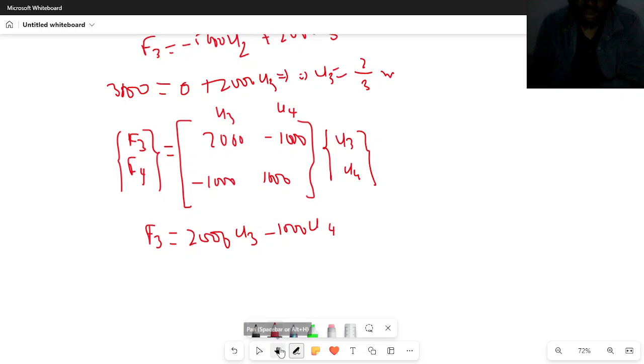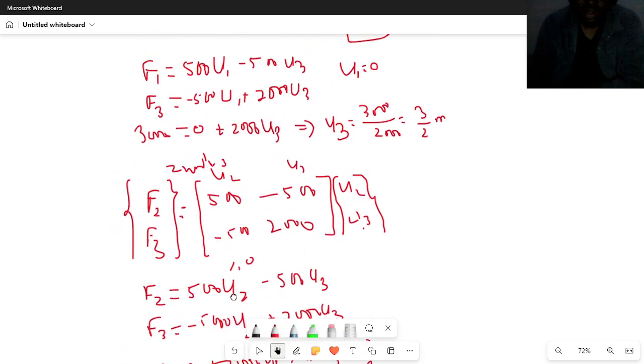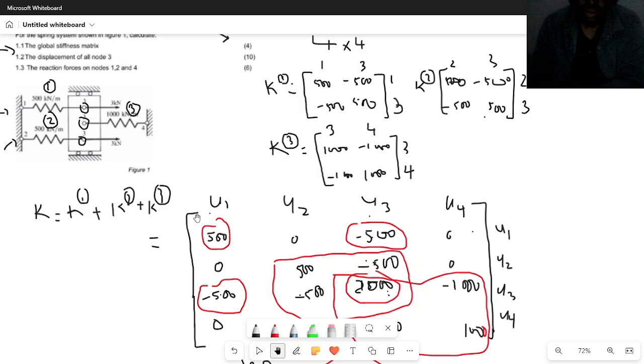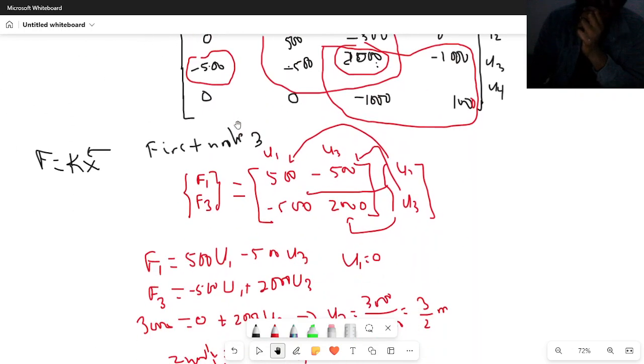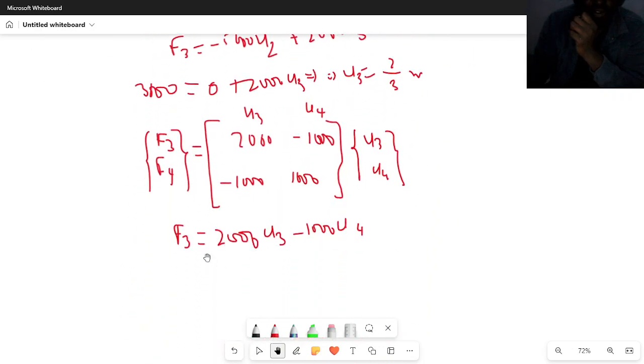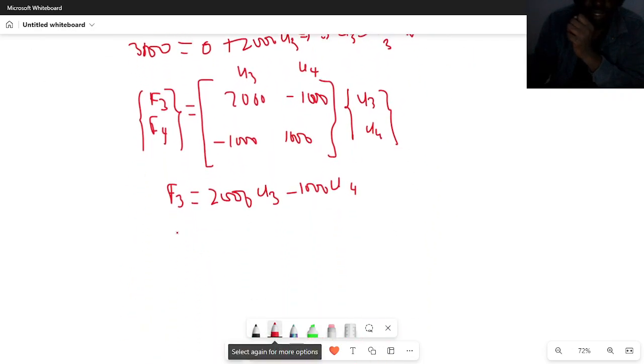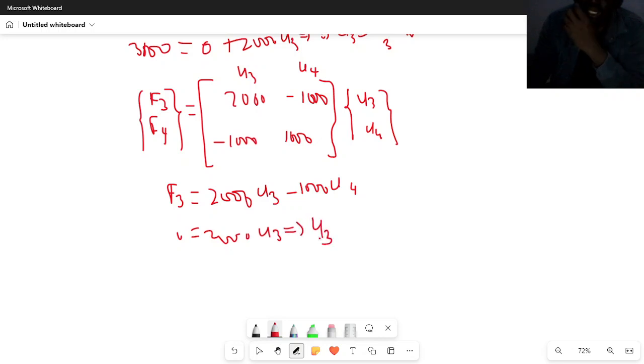Remember, the displacement at U4 here is 0 because it's a supported point. It's a fixed point actually. So U4 is 0, and if U4 is 0 and F3 is also 0, do you see what's happening? It simply means 2000 U3 is 0. Therefore, the displacement at the third node, U3, does not exist, which is 0.